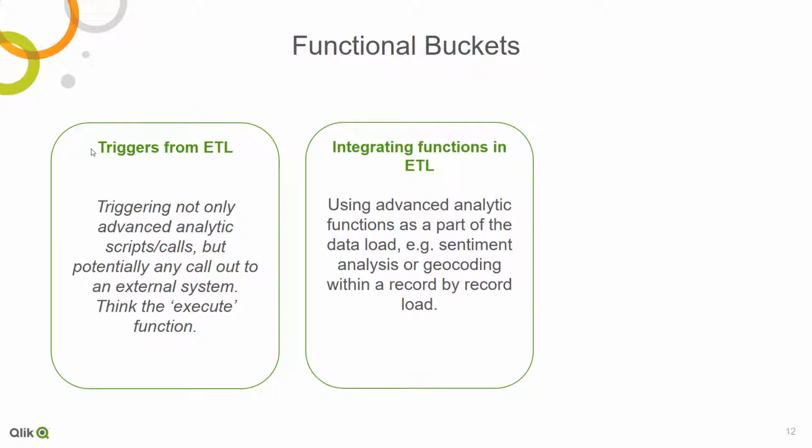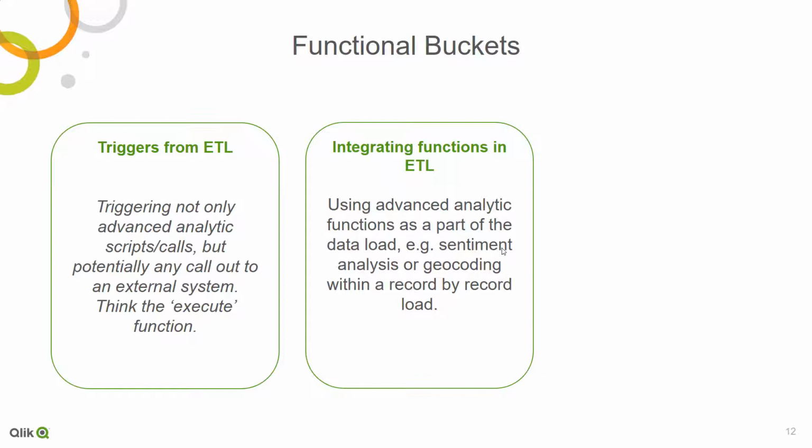A much heavier use case would then be integrating functions directly into the ETL. So what I was just talking about prior was front-end use. This is now the back-end use. So let's say I want to leverage some functionality in Python or R, but there's no real benefit to having that be in real time on the front end. The two examples I gave were sentiment analytics. If, let's say, I'm loading in tens of thousands of tweets or Facebook posts or Yelp reviews or whatever that might be, that text isn't going to be changing on the front end.